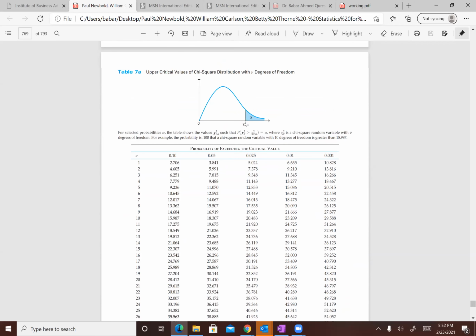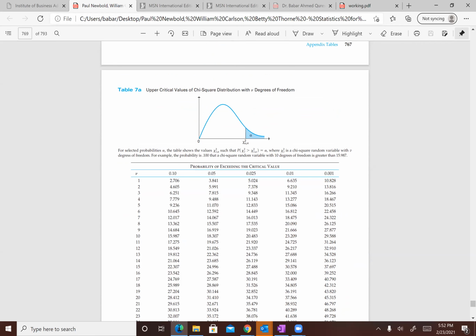And this table, because it cannot do a lot of computation, they have given these two tables. Chi-square being greater than a value, these are called the upper critical values. So it tells you if the probability is 0.1, what is the upper critical value, the probability of chi-square being greater than this particular value.